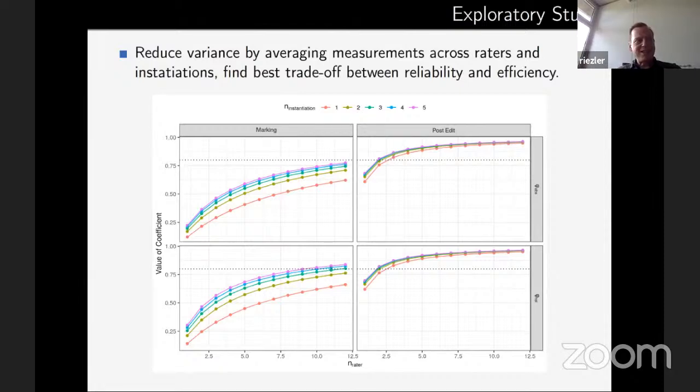She was interested in how to figure out what are the sources of variation. That would be a way of figuring out what are the sources of variation. And if you're interested in combining and filtering, then you would know I get a reliable judgment for post edits, for example, if I take 2 raters and 2 instantiations. For markings, you need more.